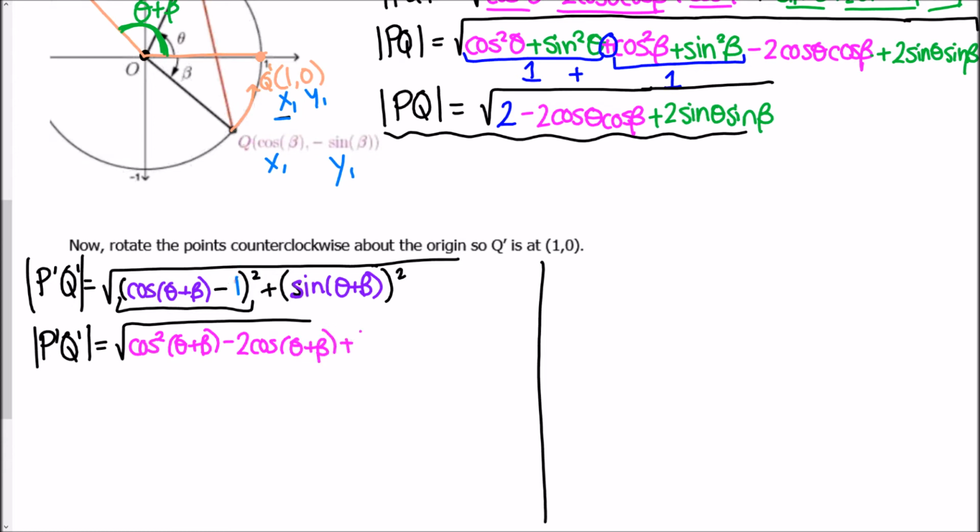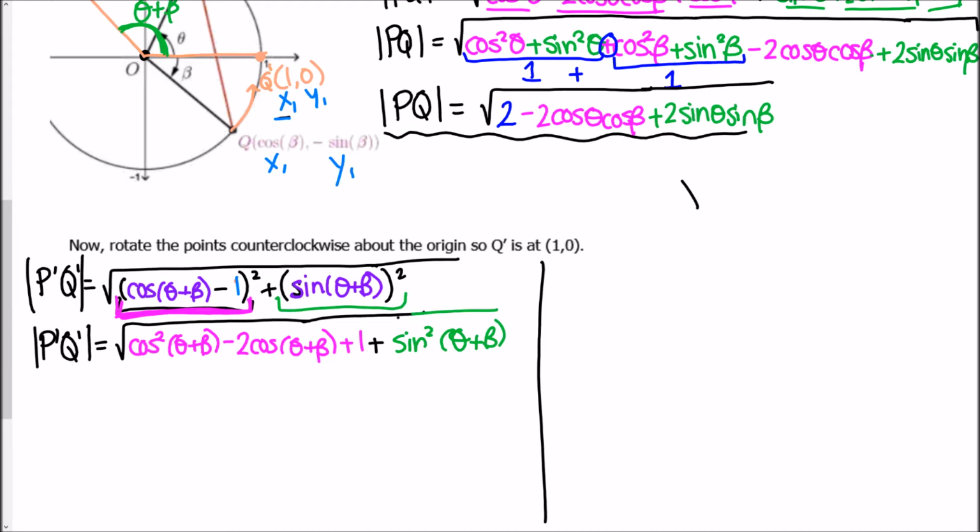And then plus 1, okay? And then right here, it's just going to be plus, and then I'm going to color code this so you can see that the pink is this piece right here. And then when I square this piece right here, I end up getting sine squared theta plus beta.